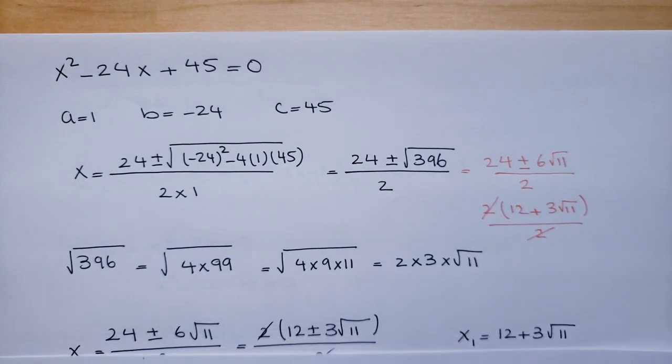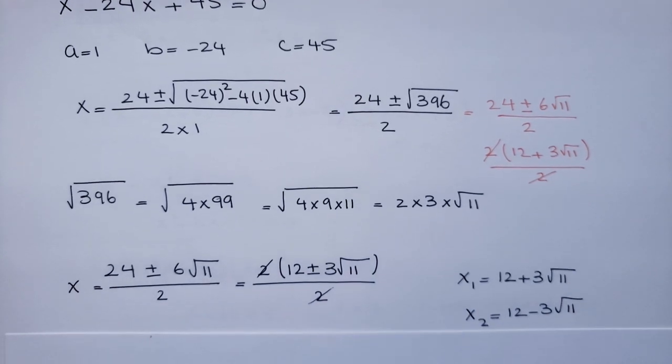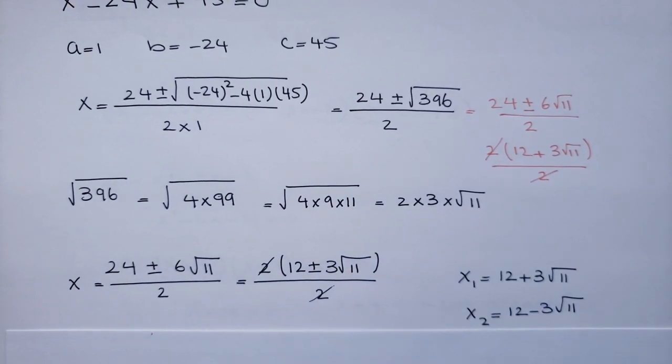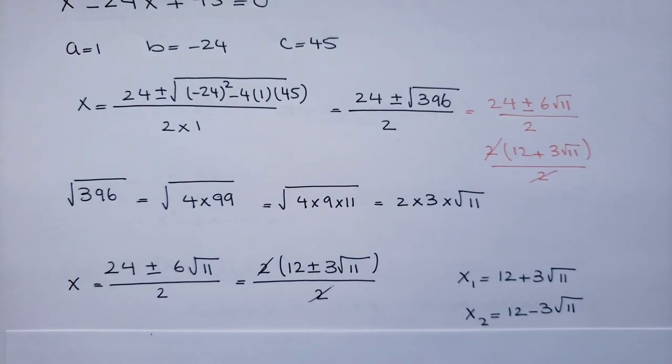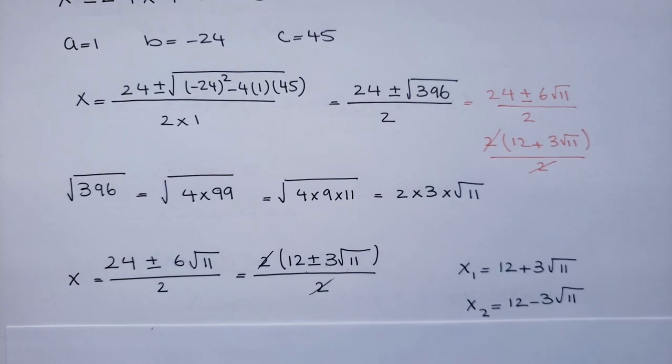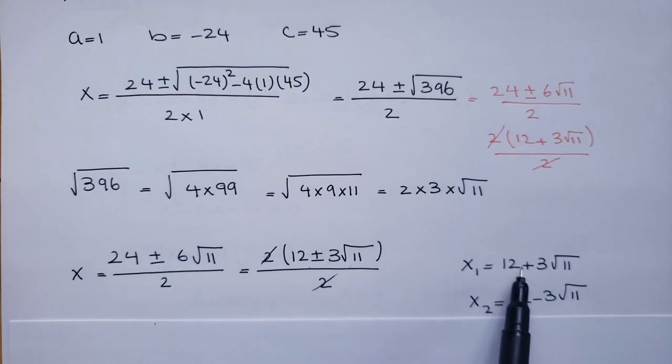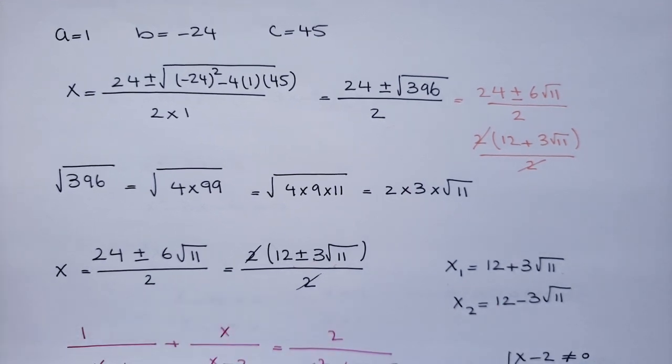So this is why the final answers would be 12 plus and minus 3 radical 11. So the first root would be 12 plus 3 radical 11. The second one would be 12 minus 3 radical 11.